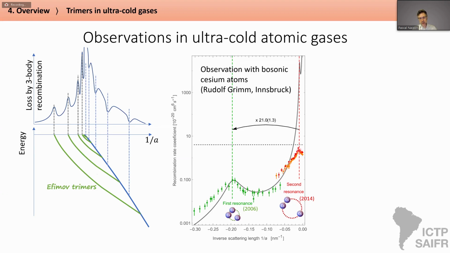They had to go to very low temperature, and there are a lot of technical challenges, but they were finally able to see a second peak that is associated to the second resonance.